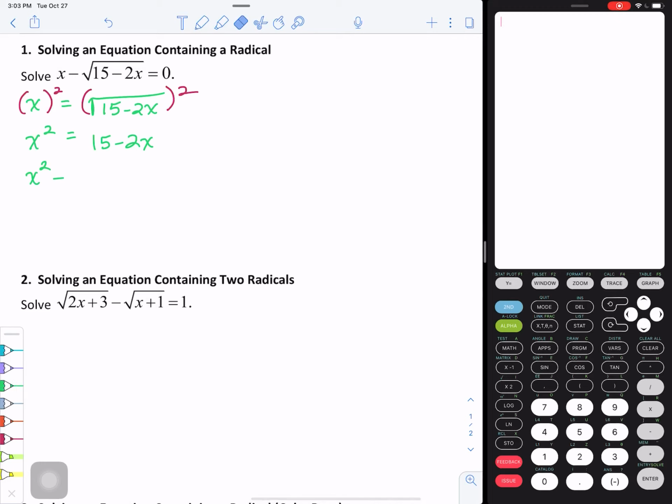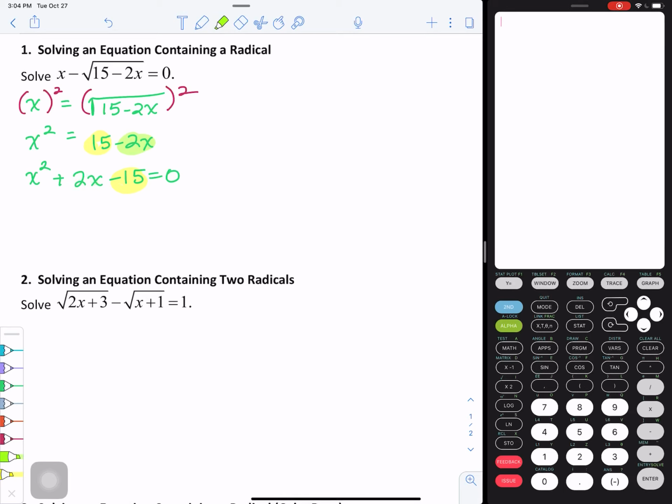So I do want to mention that we'd like to see you do a little bit more algebra in one step, and let me just show you this. On the right side, this was a positive 15, and on the left side of the equation, it's a negative 15. Likewise, it's a negative 2x on the right-hand side, and it's a positive 2x on the left-hand side.